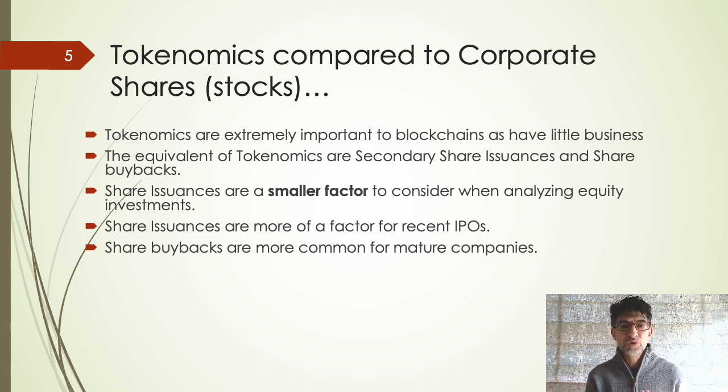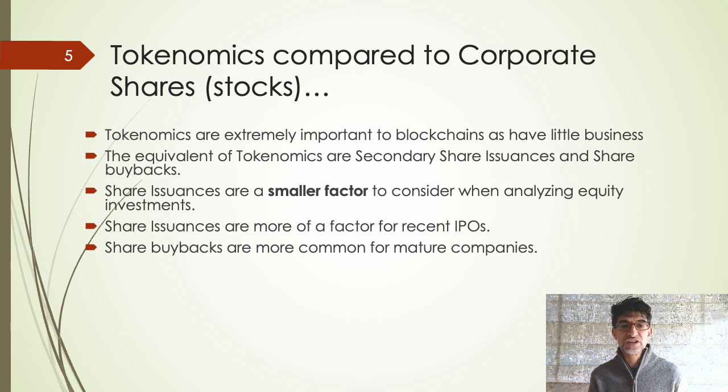So my main point here is that share buybacks are a smaller factor for corporations in general, unless you're talking about a recent IPO. Most investors are looking for what's going on with the company, how's their revenue growth, what's their total addressable market, what's the use case for their product, are they selling a lot of widgets, is there demand for those widgets?